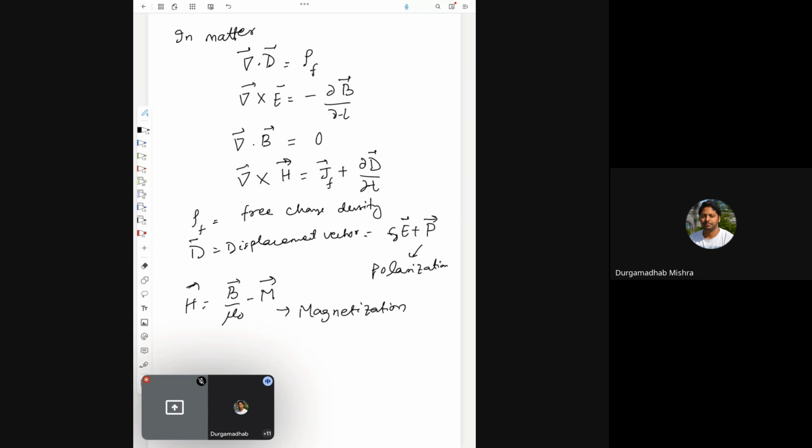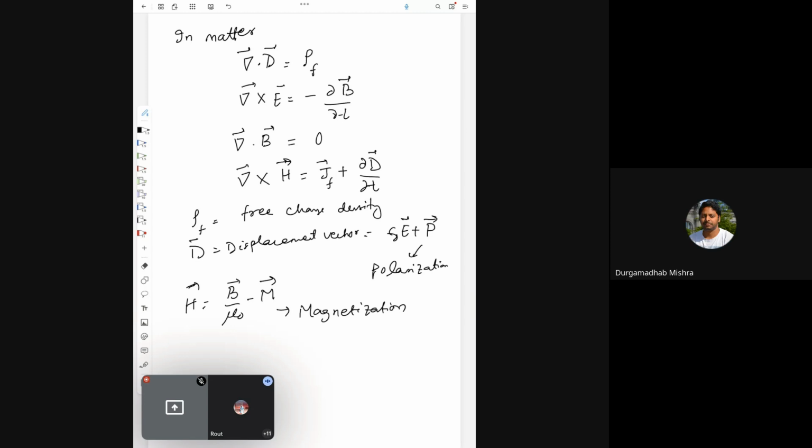In physics, those tools are nothing but mathematics. So we have to use some mathematical tools to solve these equations so that we can understand them better.